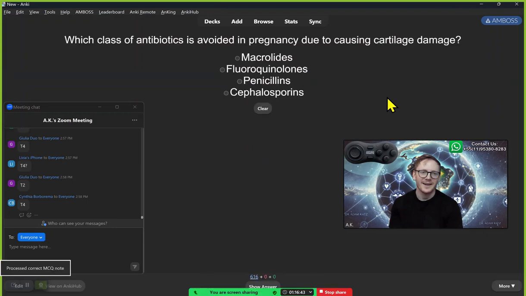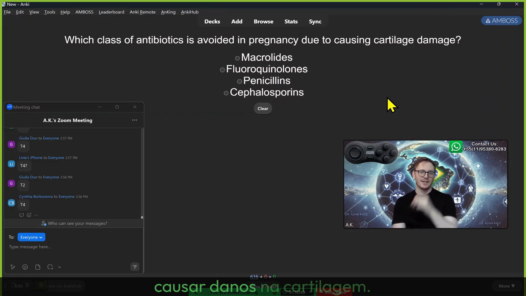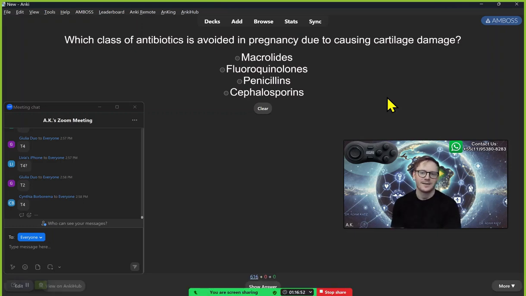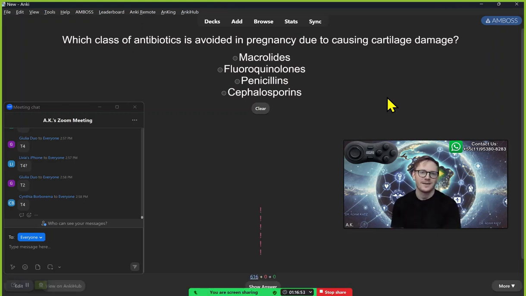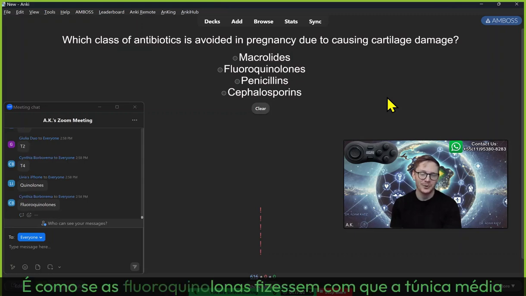All right. So which class of antibiotic is avoided in pregnancy due to causing cartilage damage? This is actually new. Yeah, Livia, nice. This is the fluoroquinolones.